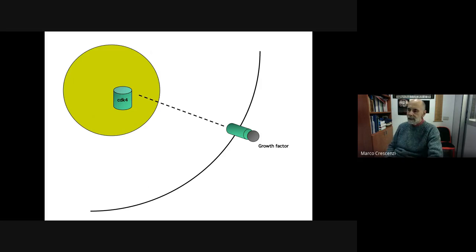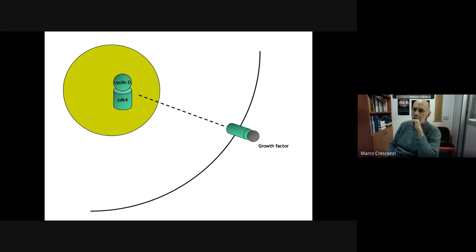Things are more complicated than this. But let's keep it simple. It activates a signaling cascade that goes to the nucleus and triggers expression of a cyclin D, one of the three family members of the D cyclins. Cyclin D combines with CDK4, which is more or less constitutively expressed in all cell types, and that allows the cell cycle to proceed.